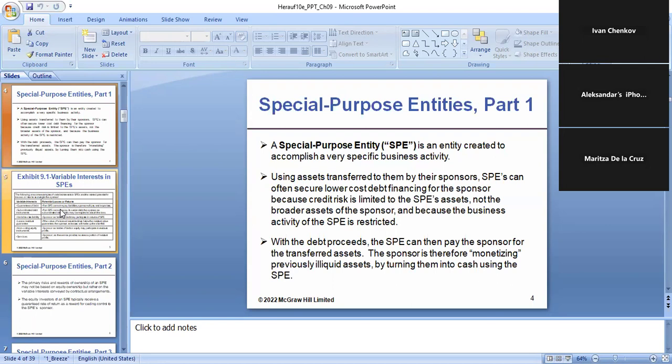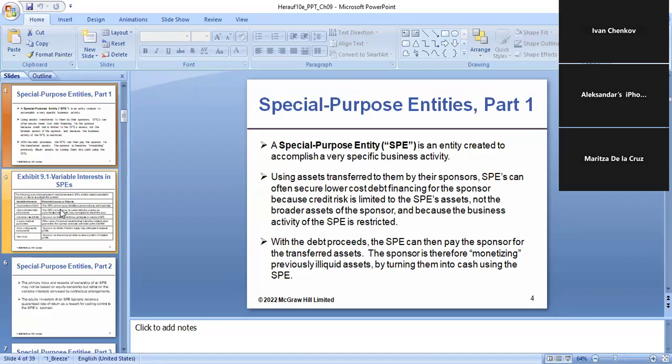So basically, what's happened is, watch this. The sponsor, which is the company that has a bad credit history, transfers assets to the newly opened corporation. Now, the newly opened corporation doesn't pay for the assets yet. And they use the assets on the balance sheet to show the bank that they have assets. They're applying for a loan. The bank approves the loan. The special purpose entity gets the money.